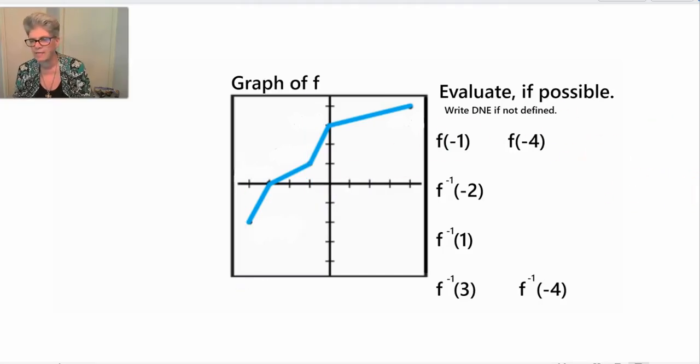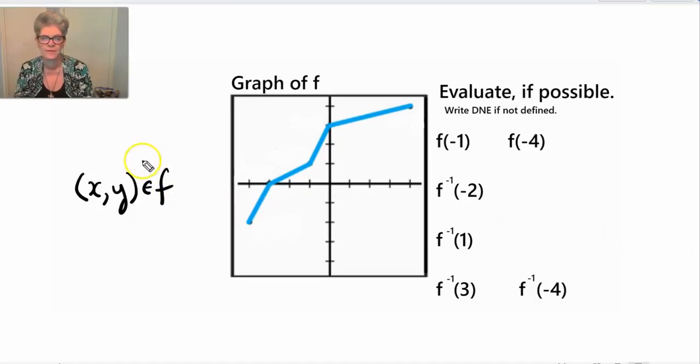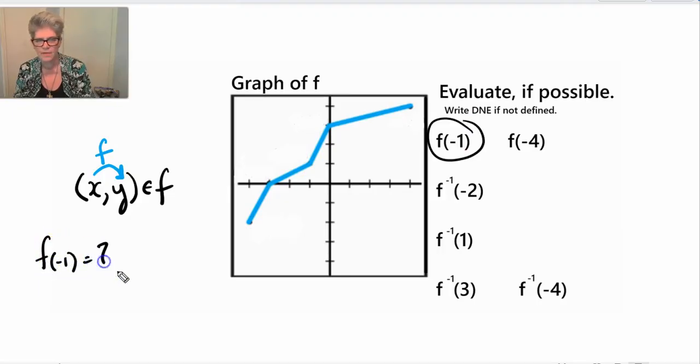Now, when you have the graph of a function, if you have a point that's on the graph of the function, then what f does is it maps the x-coordinate into the y-coordinate. So if I want to find f evaluated at -1, then I look for the point whose x-coordinate is -1.